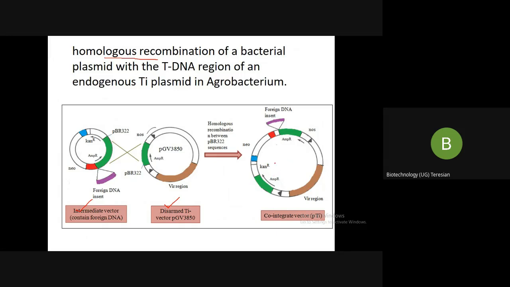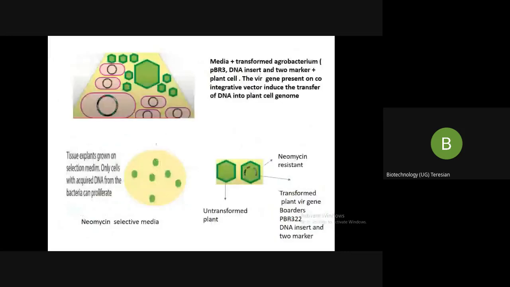So now, after I get the co-integrative vector, I will insert this again into the agrobacterium. Okay, I have integrated it into the agrobacterium. Next, what should I do? So this is your agrobacterium containing your co-integrative vector. Now we are not going to use disarmed or intermediate. We are going to use one term known as co-integrated vector or co-integrated plasmid.